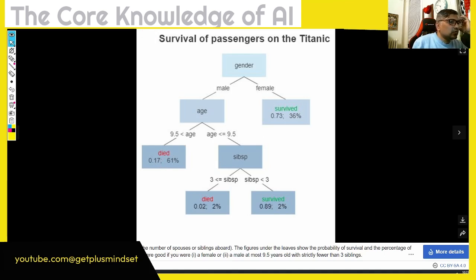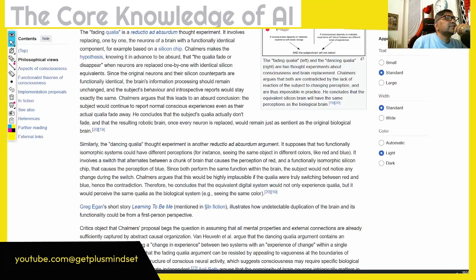So this tree shows the survival of the passengers on the Titanic, and from this we can summarize that your chances of survival were good if you were a female, or a male whose age was less than 9, because when the Titanic was sinking, they used the lifeboats for the females and the younger male children. So this is an example of a decision tree.